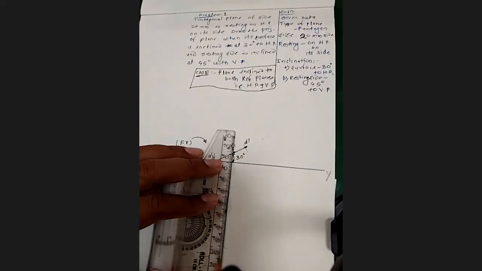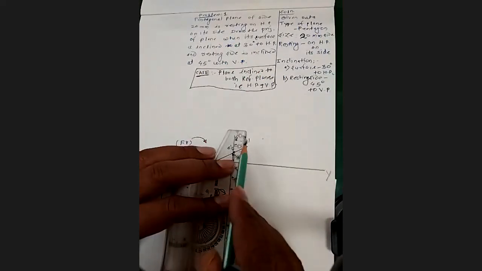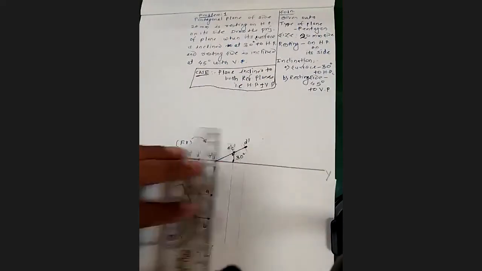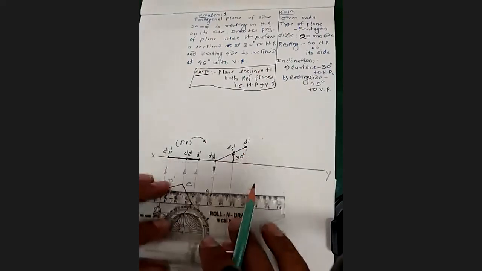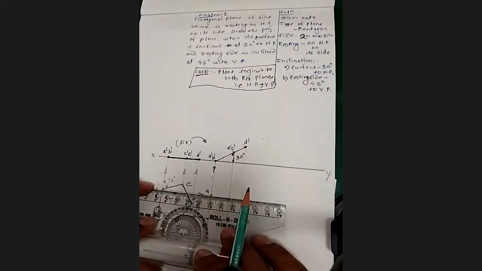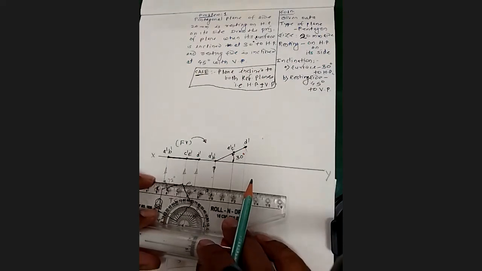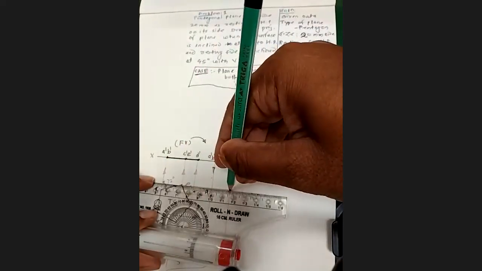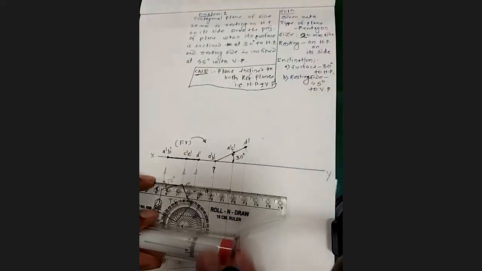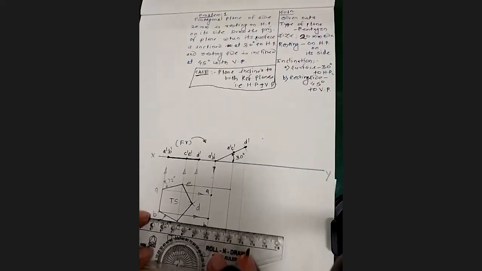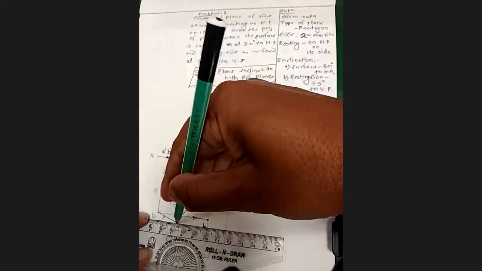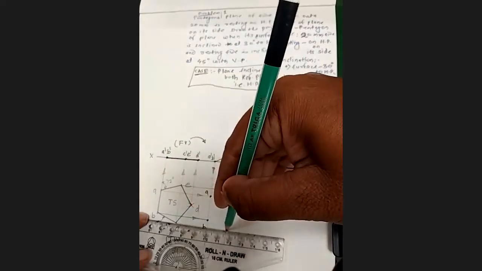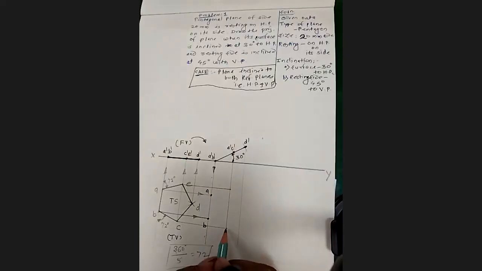From C and E, and from D, we'll take the projections. Let's see, taking the projection from E and C, again you would adjust your roller scale and take the projection from E. Then take the projection from C, and make sure that the vertical and the horizontal projection of the concerned point will intersect somewhere.